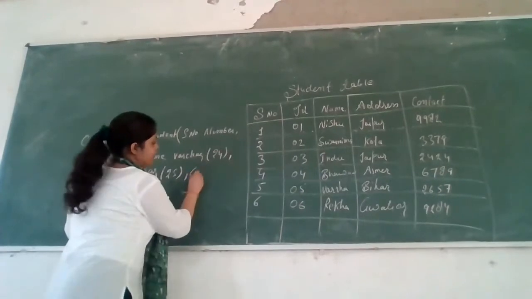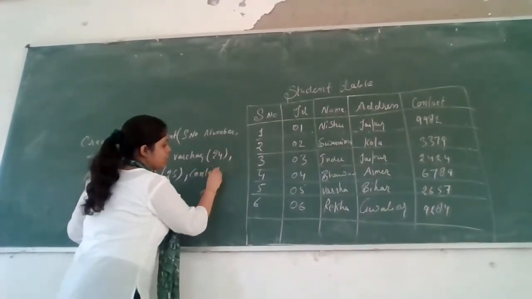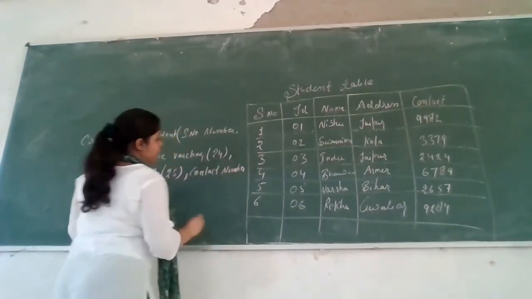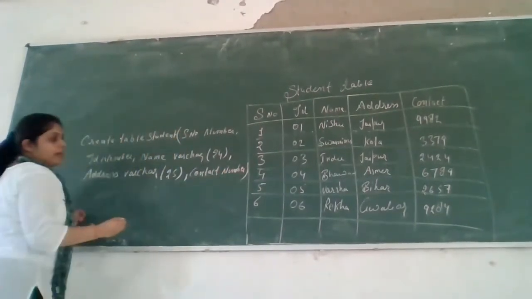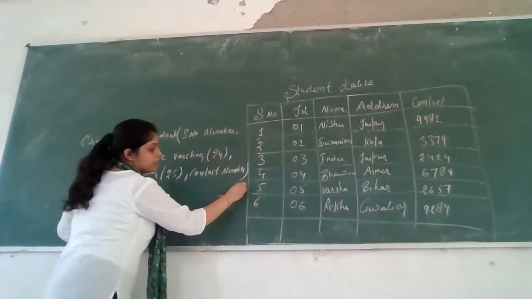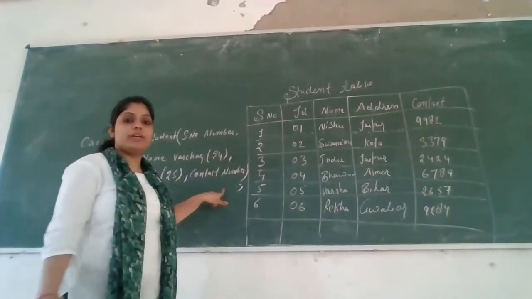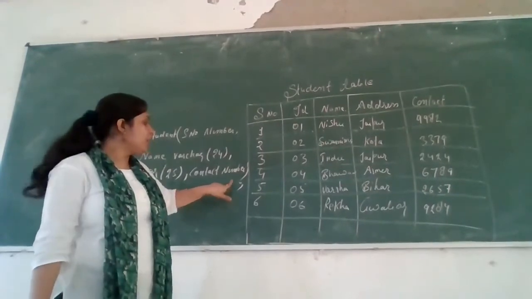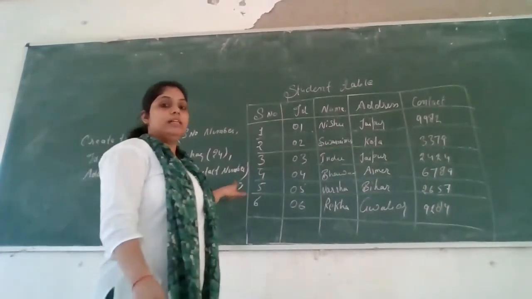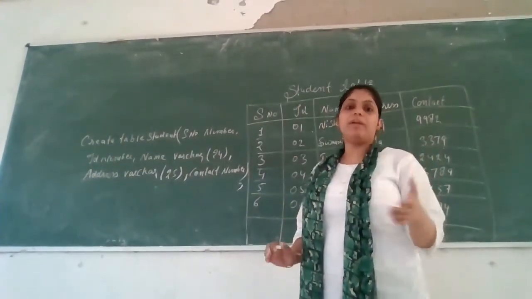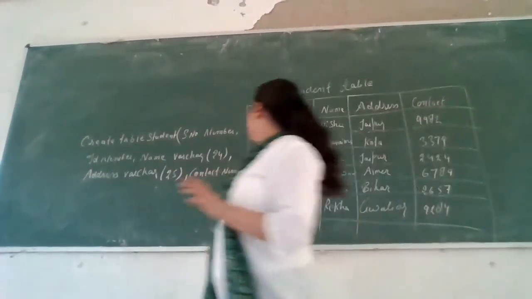Next, contact. Contact is a number, so you can use a contact number. And at the end of this statement, we use a semicolon, because the semicolon is known as the termination of the code. If you are not using a semicolon, your statement is not completed. Your statement will be continued.